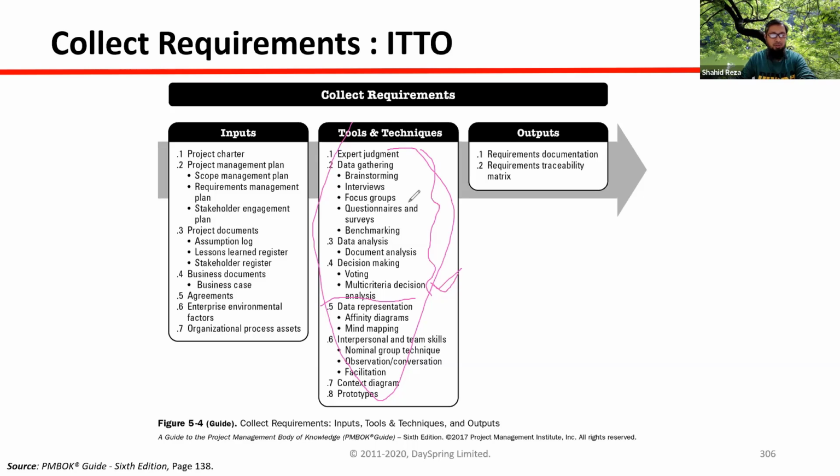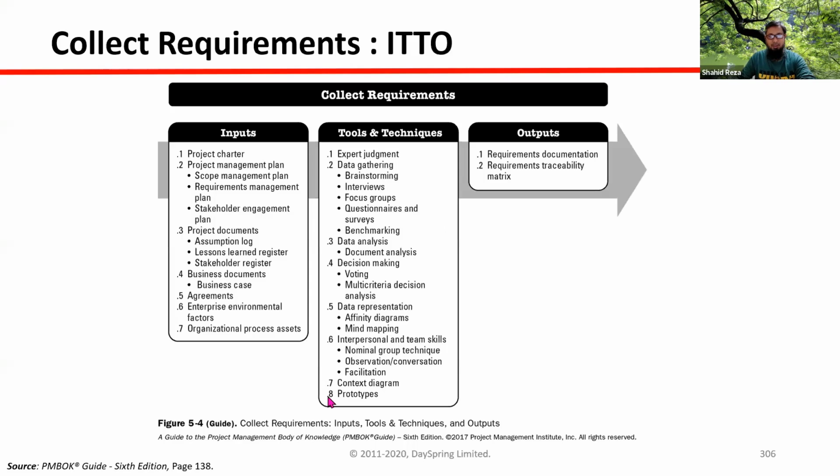But what PMBOK actually tried to find out is the mostly used tools and techniques in the industry in project management, and they mentioned them in PMBOK, so that in any industry, project managers are using different tools. So all tools are mentioned here. It is not mandatory that for every project you have to use all the tools and techniques. You have to select as per your project requirement.